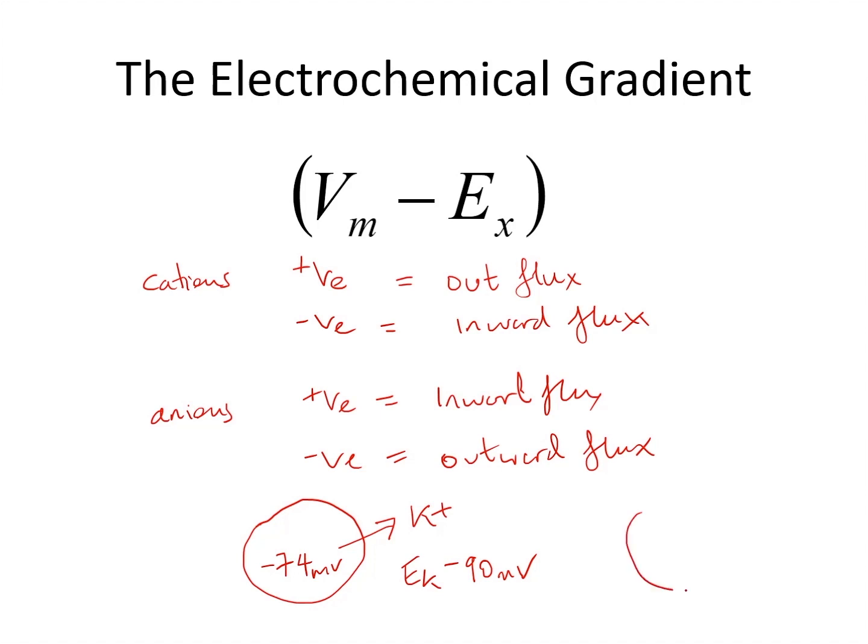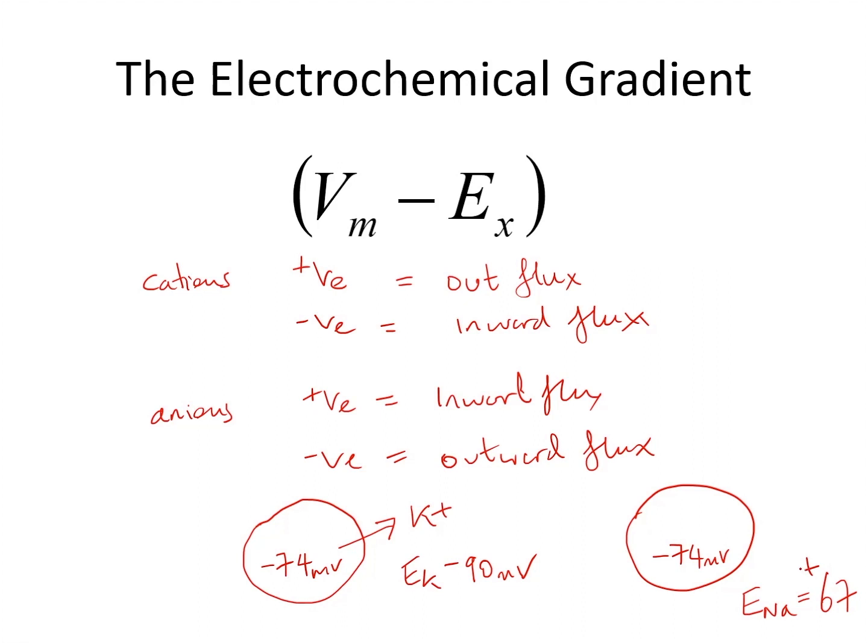If we did another example, let's say we have a cell with a membrane potential again of minus 74 millivolts. But let's say now this cell opens a bunch of sodium channels, and we saw that the equilibrium potential for sodium is way up at plus 67. What would happen in this case is the cell will try to move its membrane voltage from minus 74 towards plus 67.